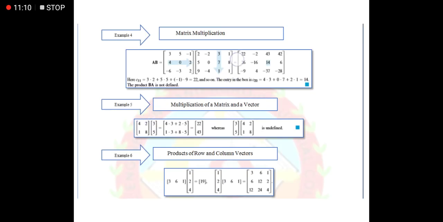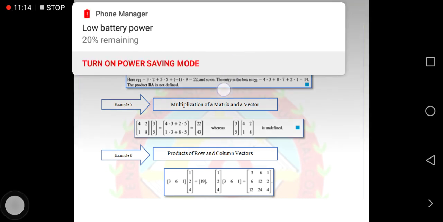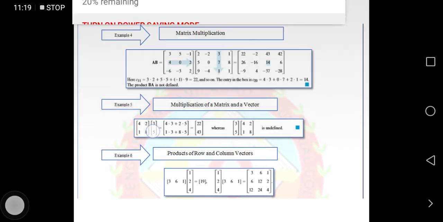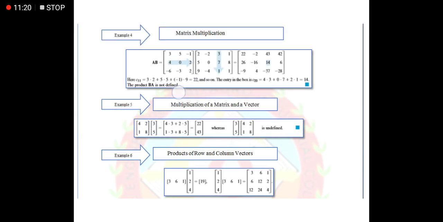So for example, to get this 22, what you do is the 3, 5 and negative 1 is multiplied to 2, 5 and 9. Okay? 3, 5, negative 1 is multiplied to 2, 5 and 9.